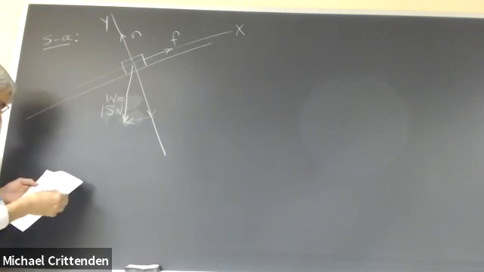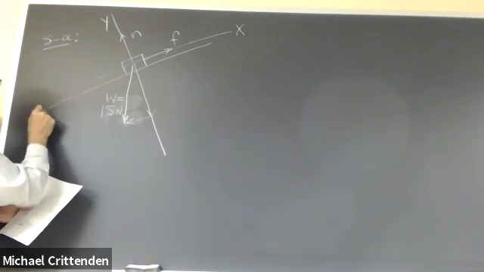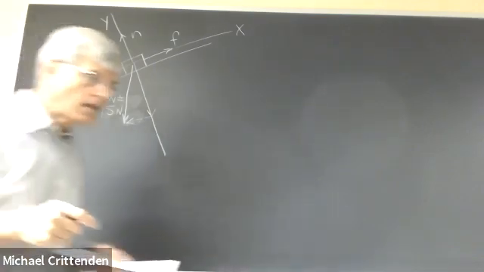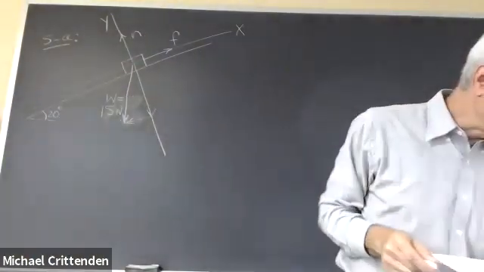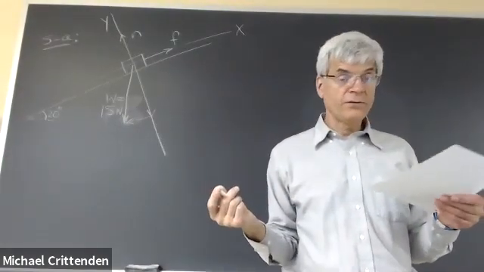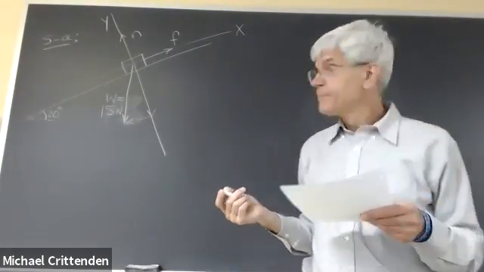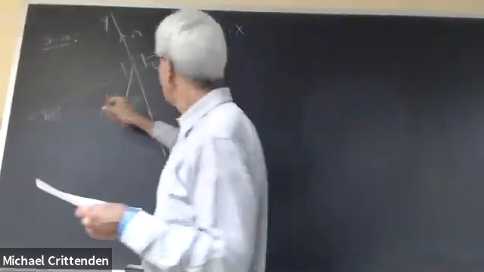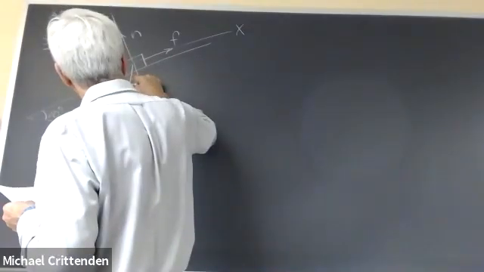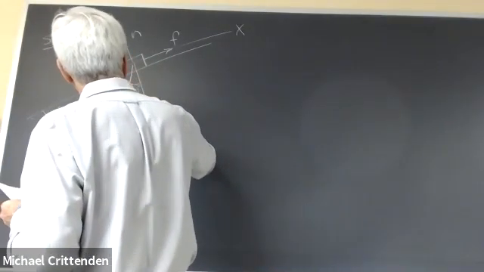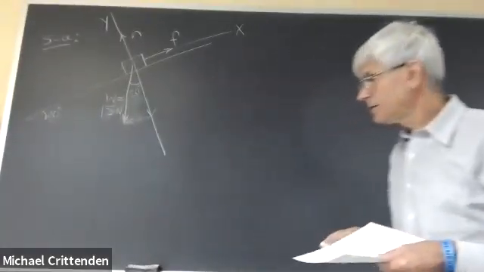The question says that the ramp is tilted 20 degrees, meaning 20 degrees relative to the horizontal. So if that's 20 degrees down there, this is going to be 20 degrees up in here.